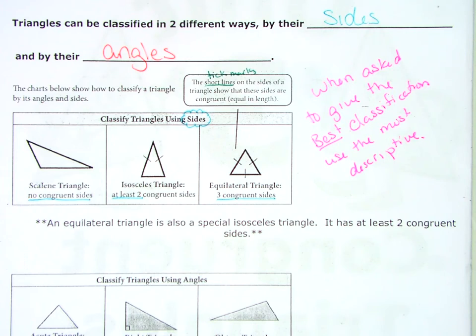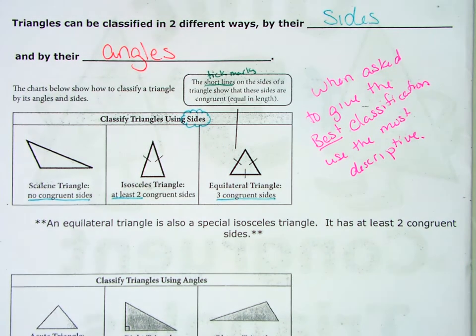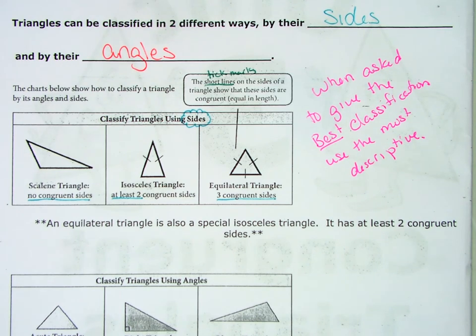Okay? So in other words, if I give you an equilateral triangle, all the sides are the same, and I ask you to classify it by its sides, if you tell me isosceles, that's a correct answer. If you tell me equilateral, that's a correct answer. You're both correct, whoever says whichever.